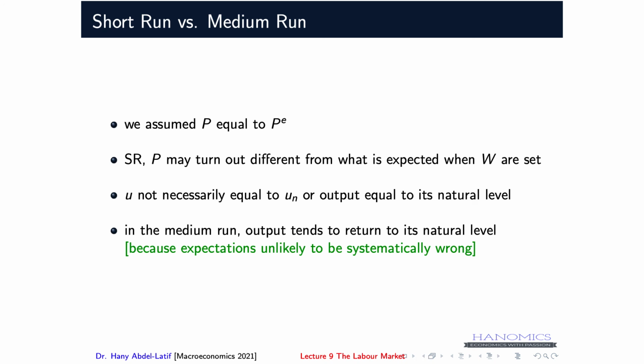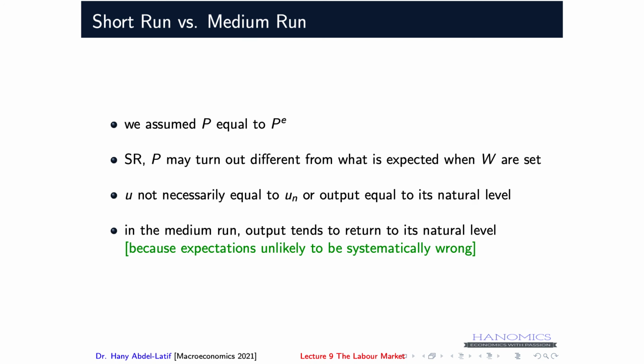What we saw here is based on the assumption that the actual price level is exactly the same as the expected price level. But in the short run, it doesn't have to be the case. So the current unemployment rate in the short run could be below or above this level.